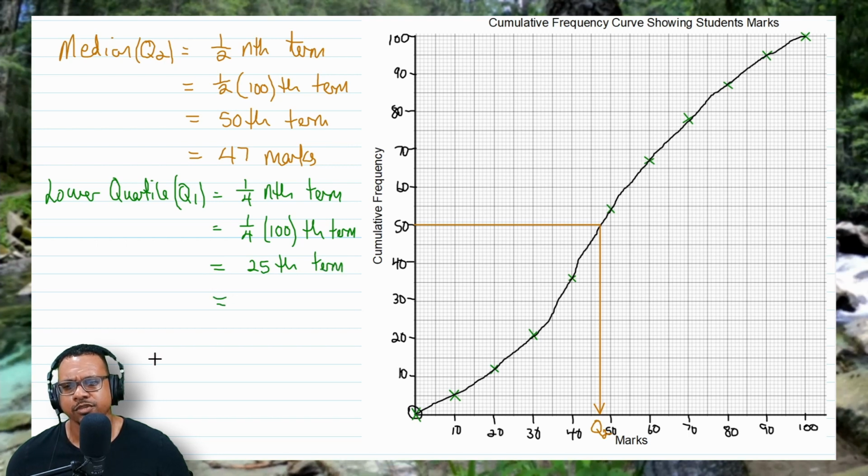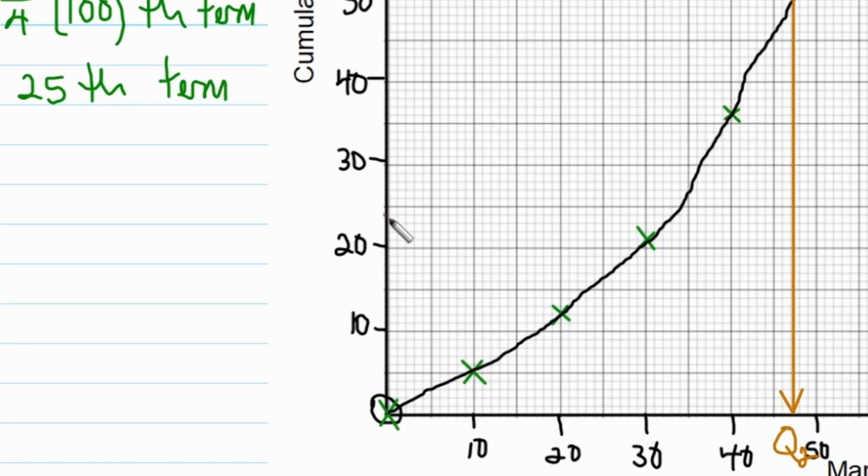Now let's look and see what the 25th term is equal to. So we're going to come here on our cumulative frequency, locate 25, so that's in the middle of 20 and 30. And we're going to draw a line straight across from 25 to touch the curve. And where that line touches the curve, we bring a line straight down. And that will be Q1.